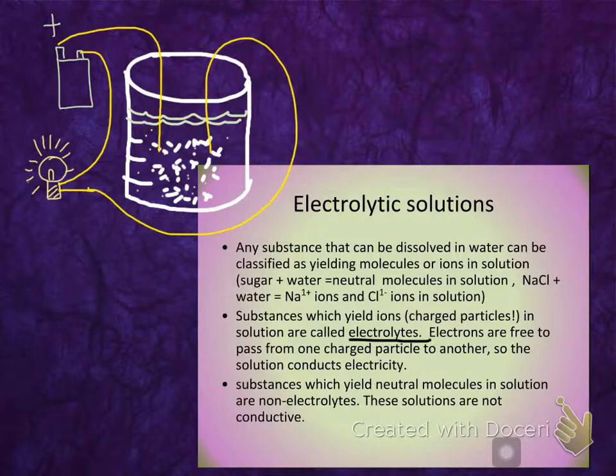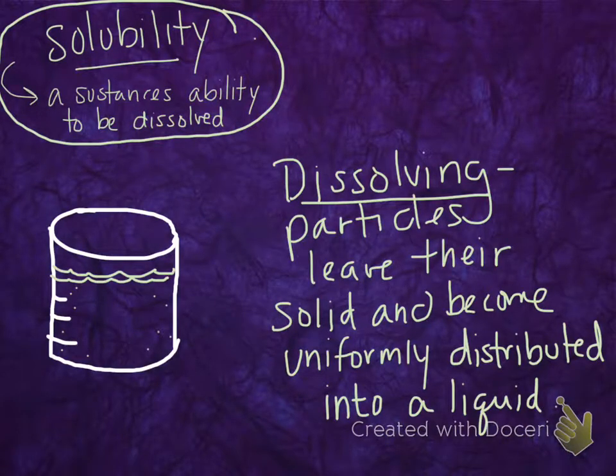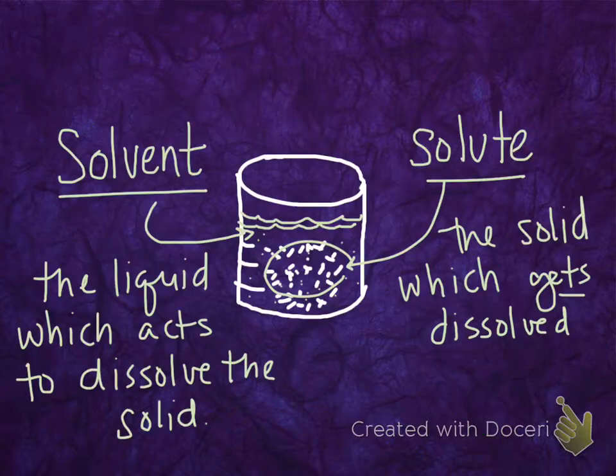Okay, to recap, solutions are just homogeneous mixtures with two or more substances, all in a single phase. They're created by dissolving solids, most often, into liquids, where particles will leave their solid form and become universally distributed in the liquid. The ability of a substance to be dissolved is called its solubility.